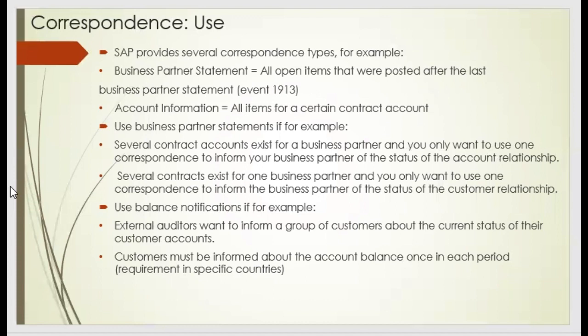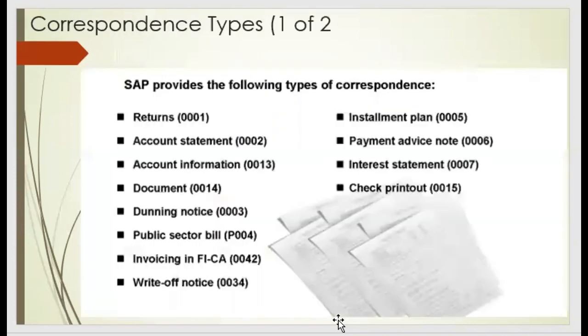It also gives a notification of the balance to the customer, or to a group of customers, showing what exactly their account status is, meaning how much they need to pay or how much we owe to the customer. So mostly it's letter stuff.